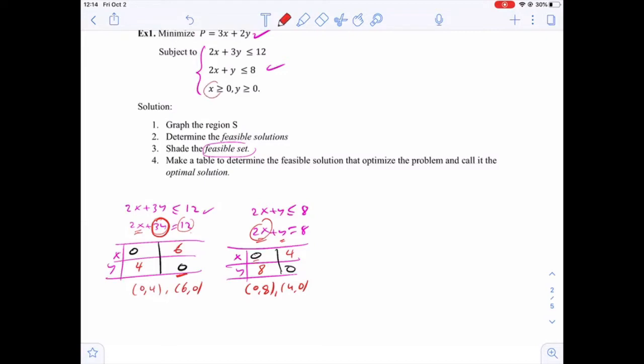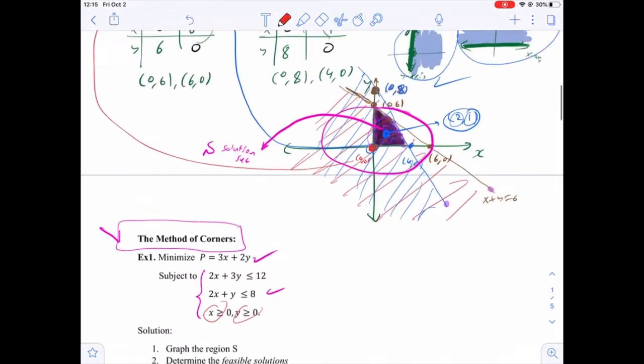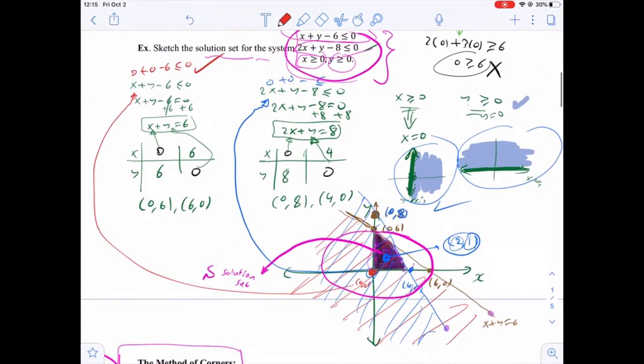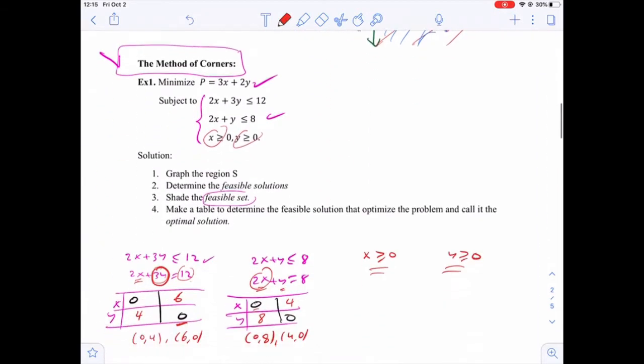Now we also have two other conditions: x greater than or equal to 0 and y greater than or equal to 0. And we graphed those in the last video. As we see, x greater than or equal to 0 is the region to the right of the y-axis, and y greater than or equal to 0 is the region above the x-axis.